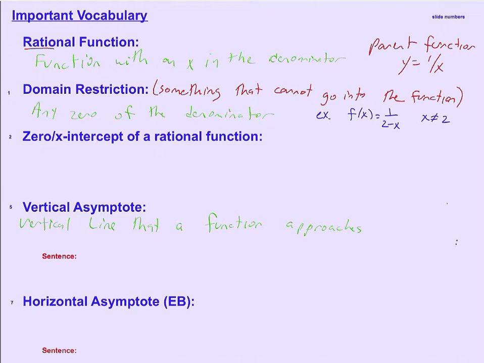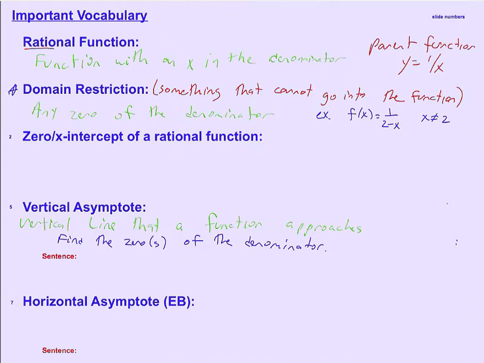But to find the vertical asymptote, it's the same thing as the domain restriction. You find the zeros of the denominator. Those are your vertical asymptote, or asymptotes, depending on how many there are.